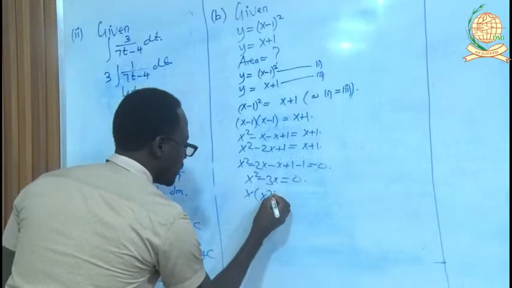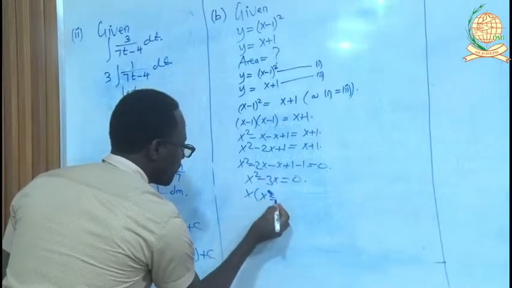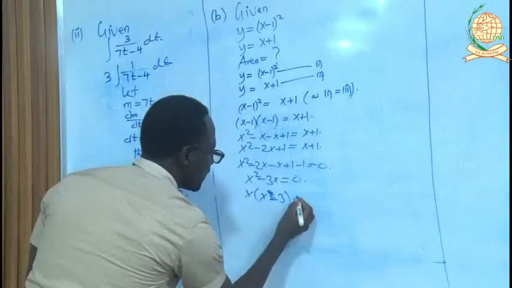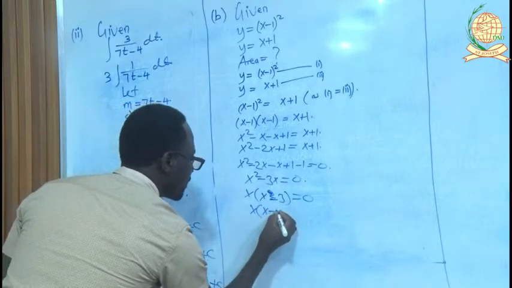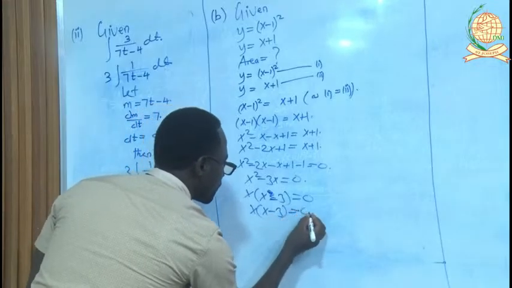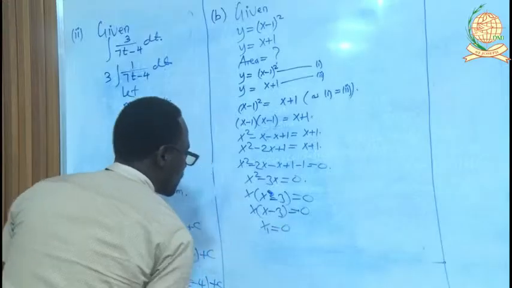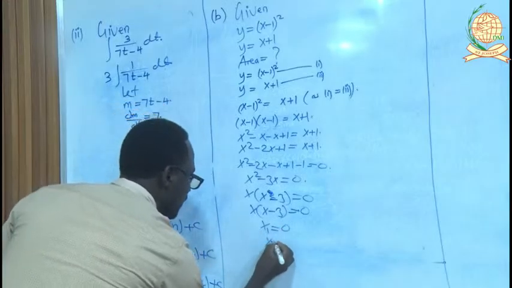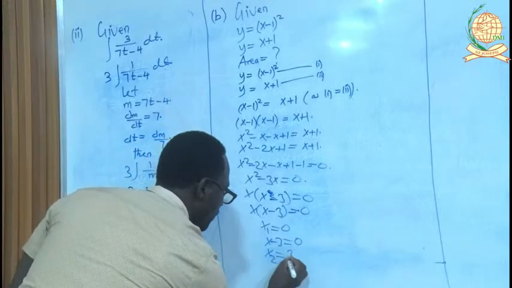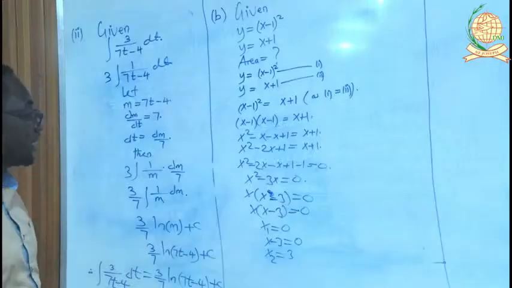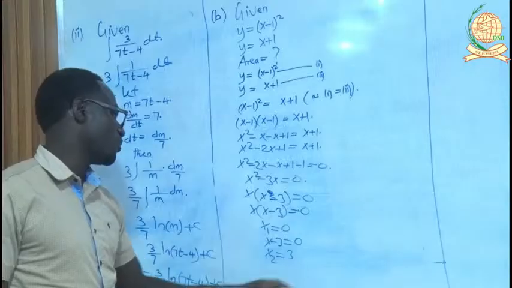Factor out x, this will be x times (x minus 3) equals 0. Then x1 will be equal to 0, and x minus 3 equals 0, so x2 equals 3. So we will integrate from x1 equals 0 to x2 equals 3.